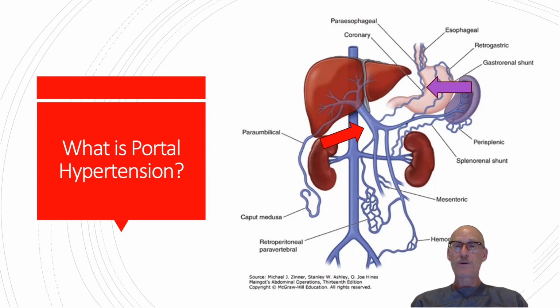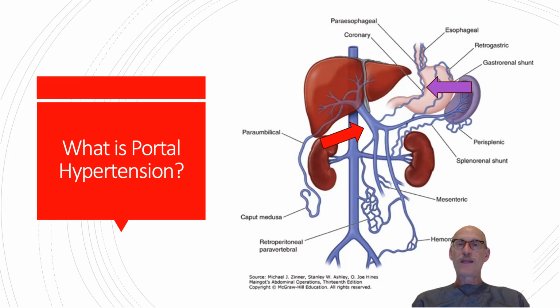And one of the most important ones is shown by the purple arrow, and that's the coronary vein. The coronary vein runs along the side of the stomach and links with the veins in the esophagus in order to get venous blood to return back to the heart, because as you recall, all venous blood has to go back to the heart where it gets oxygenated and goes back into the arterial system.